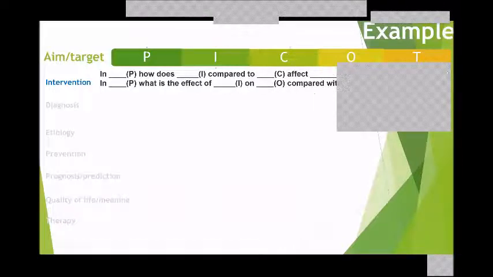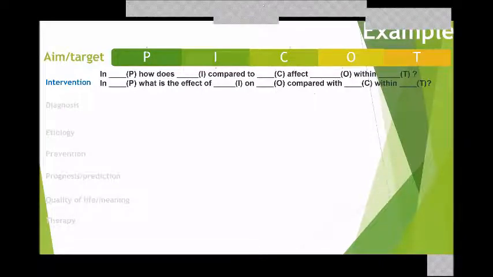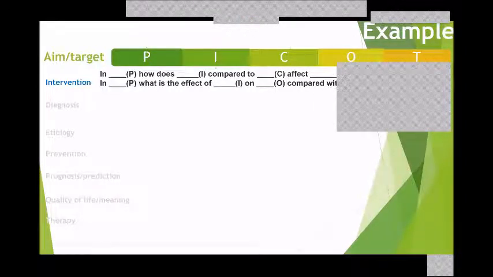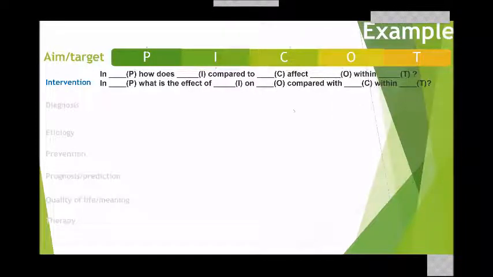Okay, so let's do the questions in reality, because sometimes the question can be asked in a different way. In a population or a patient, what is the effect of an indicator or an intervention on the outcome compared to the comparison or the control, within the study type or the time. So let's ask a real question depending on this frame.